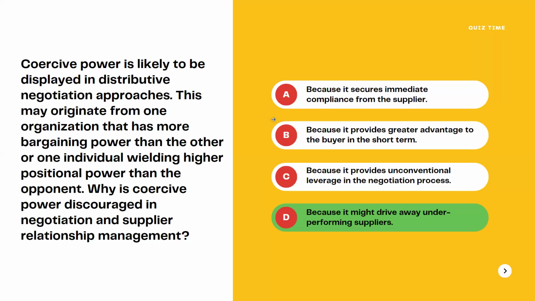It doesn't harm as long as it doesn't hurt the relationship. And together with the word unconventional, we have the word conventional. It means traditional or normal. So conventional leverage could be like traditional and normal leverage, and unconventional is kind of like maybe new.